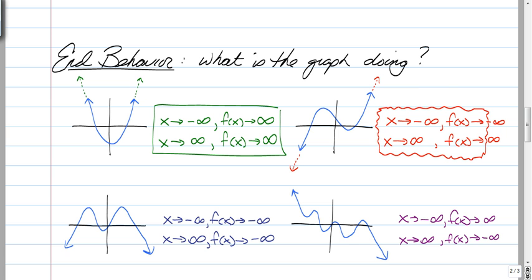So if you have a positive odd, or x to the odd, when it's positive, your graph is always going to start low and finish high. If you have a negative x to the odd power, your graph is always going to start high and finish low.